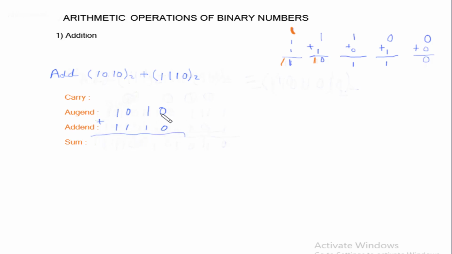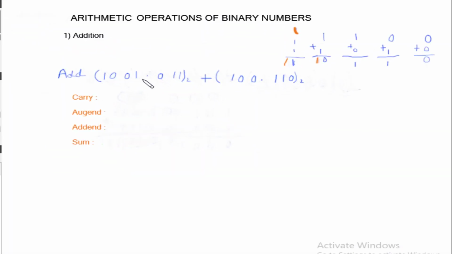So now let's add 0 plus 0 will get us 0. 1 plus 1 is this scenario where we will write 0 and 1 will be carried. Now 1 plus 1 will also be this, so we will write 0 and 1 will be carried, and here this scenario gets us 11. So 1010 plus 1110 is equal to 11000 base 2.